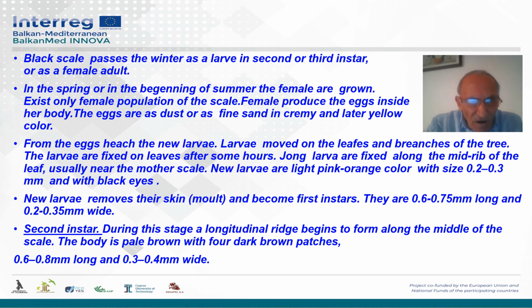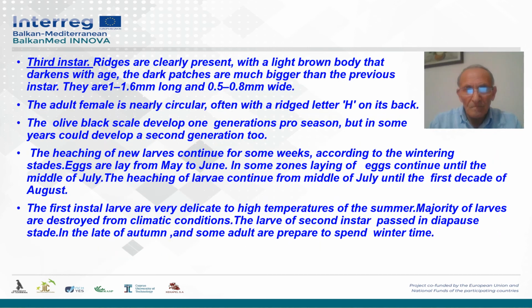The second instar. During this stage, a longitudinal ridge begins to take the form of the scale. The body is pale brown with 4 dark brown patches, 0.6 to 0.8 mm long and 0.3 to 0.4 mm wide. Third instar.